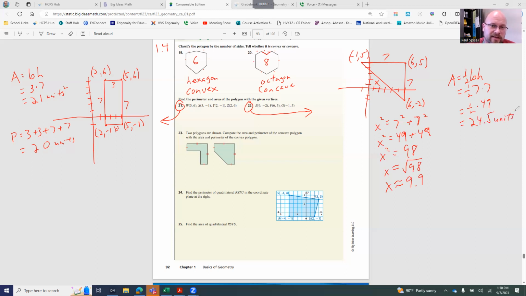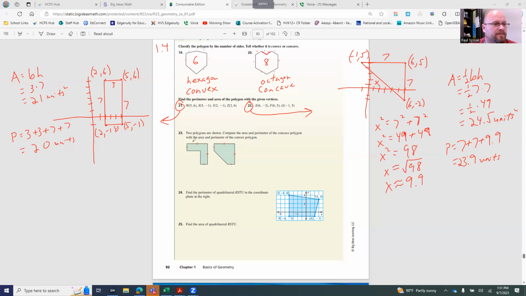Since that's area, again, units squared. Then we have the perimeter. We have all 3 sides now. So we have 7 plus 7 plus 9.9. 7 plus 7 is 14. That's going to be 23.9. And that'd be in units. And that's it. So that's 21 and 22.